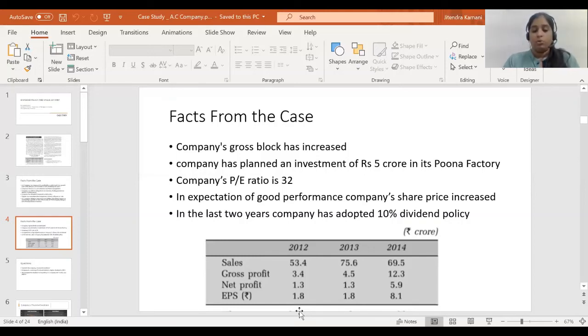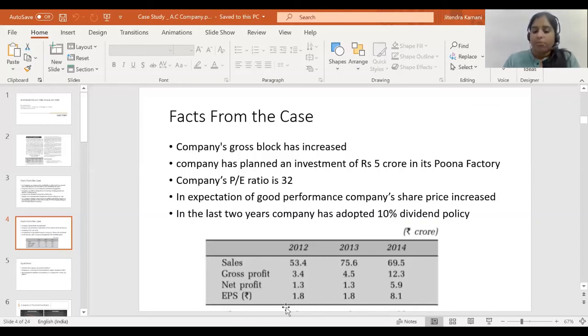Though the company's sales have decreased, the company is able to manage its profit higher from 13 to 14. How is that possible? That is possible because the company has gone for cost reduction. Company is focusing on cost reduction and low operating cost by converting the inventory into cash very early.